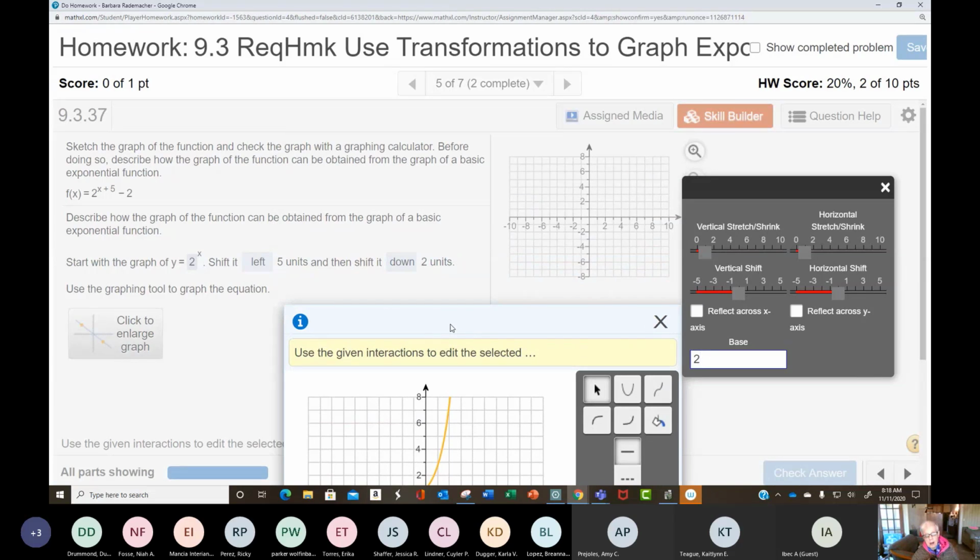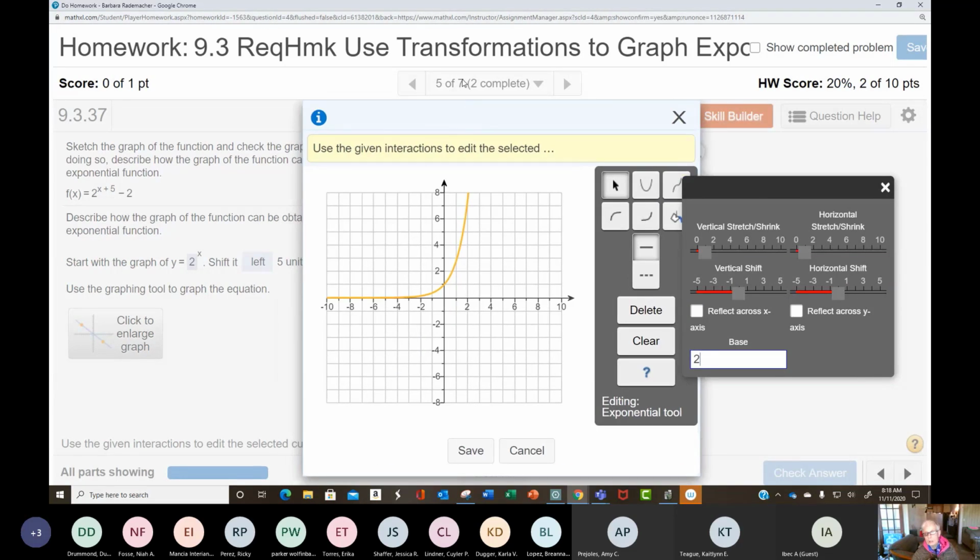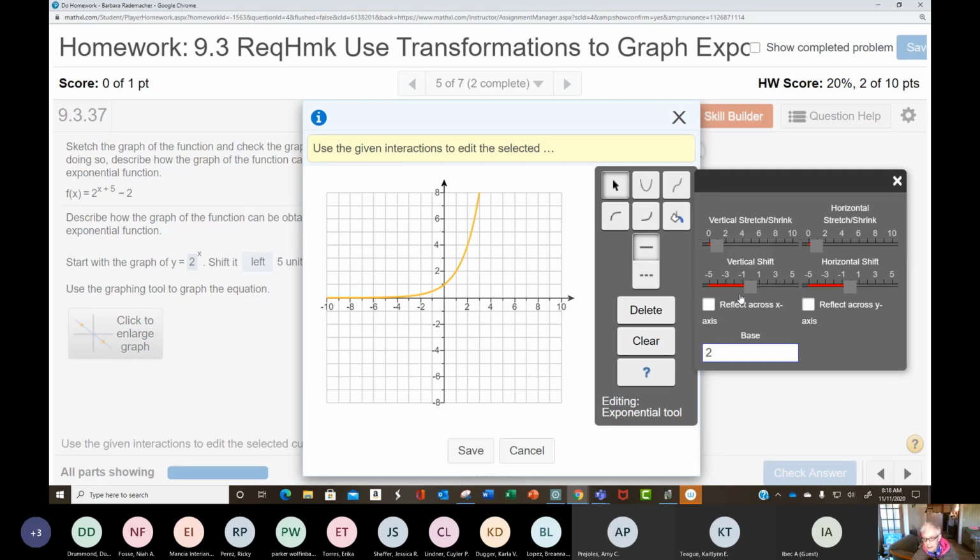I'm going left 5 and down 2. So, vertical shift. There is no vertical stretch or shrink. There is no horizontal stretch or shrink. There is a vertical shift down 2 units.